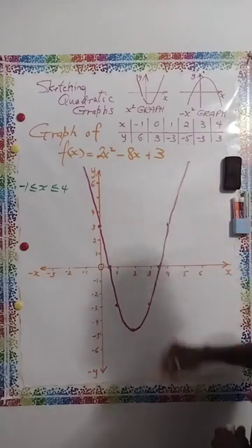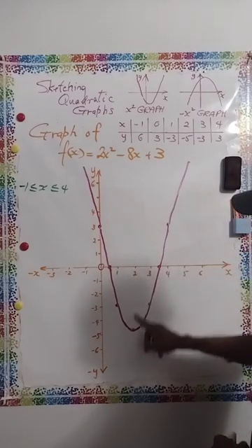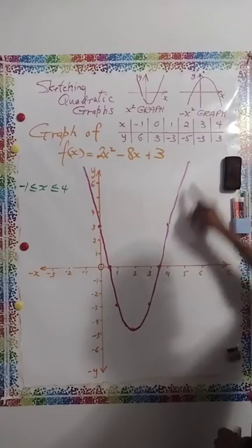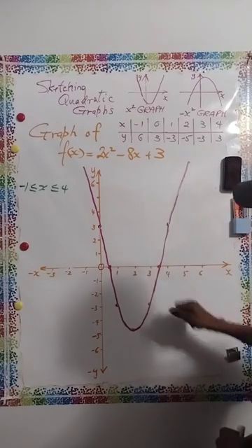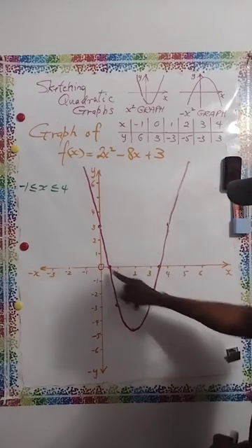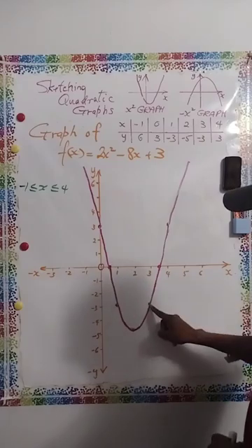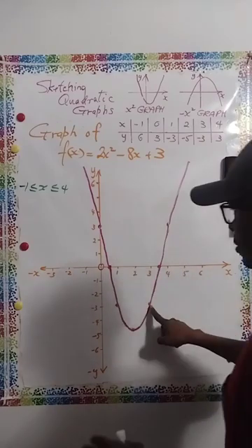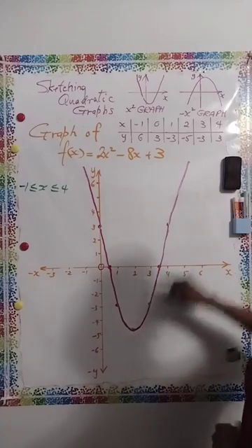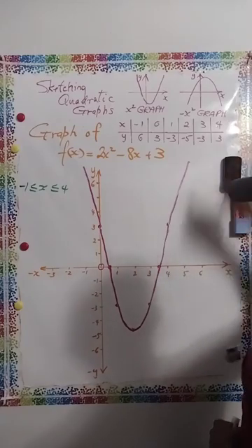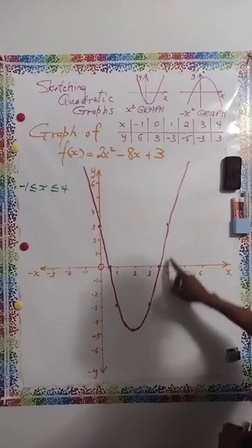Then 2, negative 5. And from there we have 3, negative 3. There we go, that's 3 across and 3 down. So it's always across to the left or the right, and afterwards up or down. Then the final one is 4, 3.